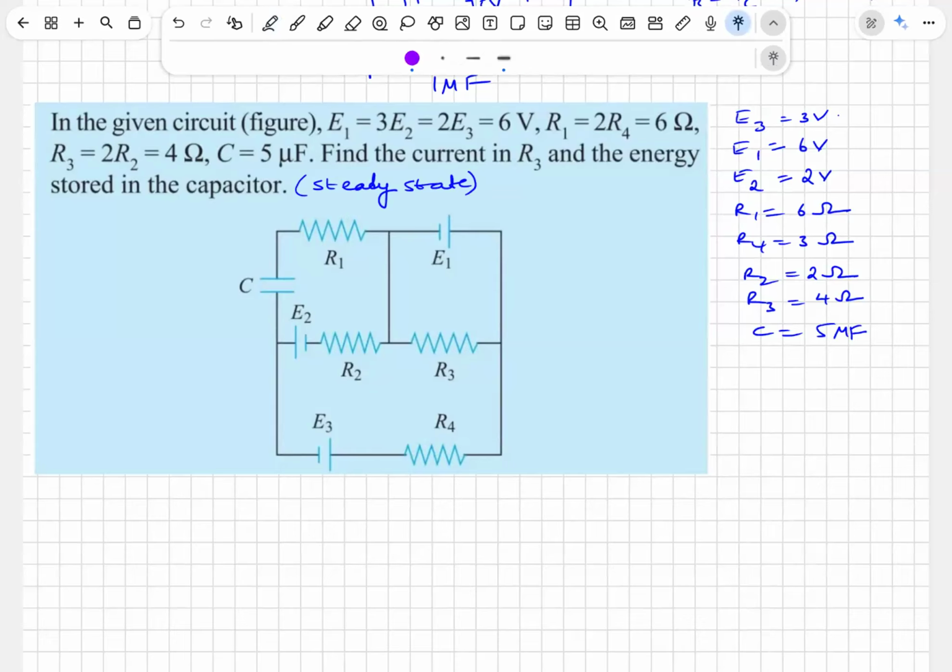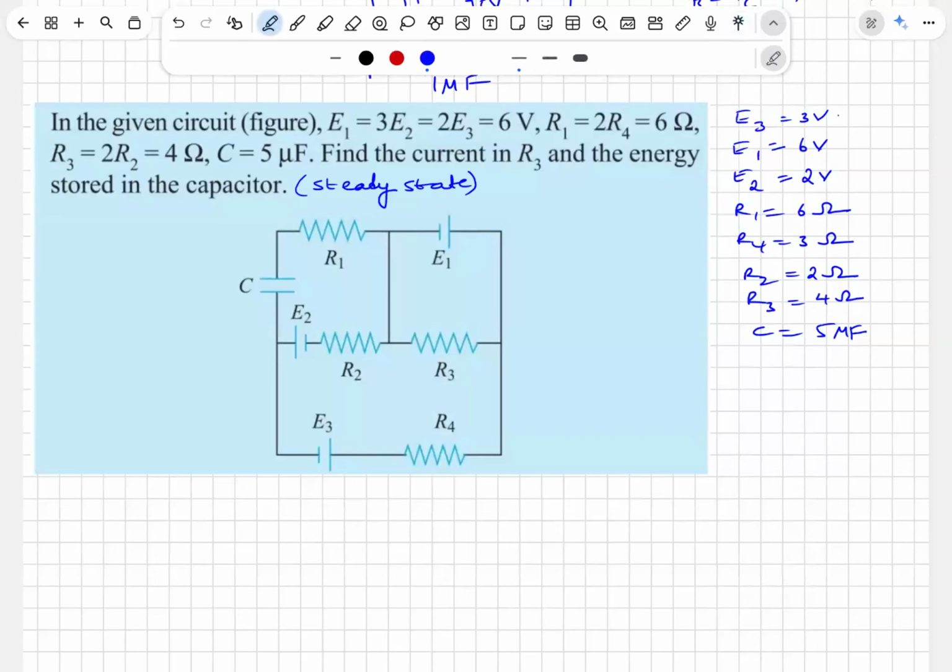Boys and girls, see the path. This is the path that will be isolated under steady state. So what is my steady state circuit?